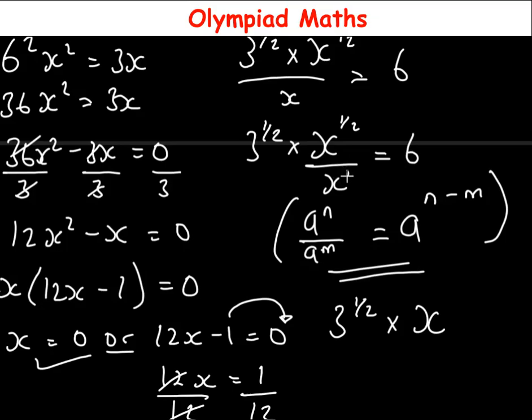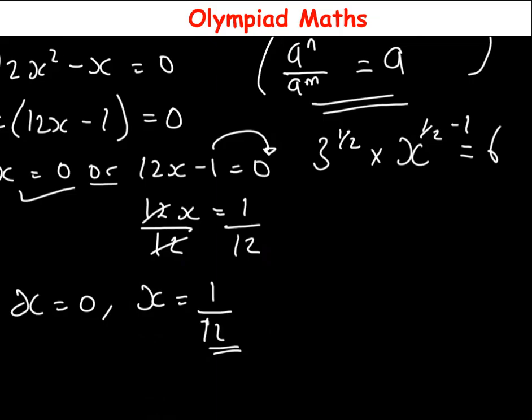So you have half minus 1 is then equal to 6. So what we have is 3 power of half times x power of half minus 1. Now half minus 1 is minus half. So 3 power of half times x power of minus half is then equal to 6, right?